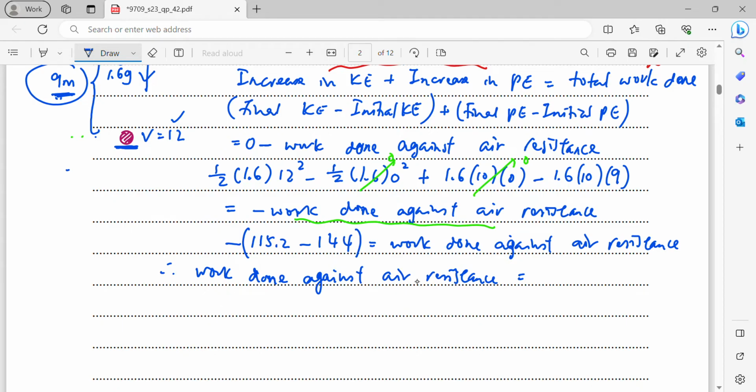It will be 28.8 joules. That is the work done. All right, this is the first method.